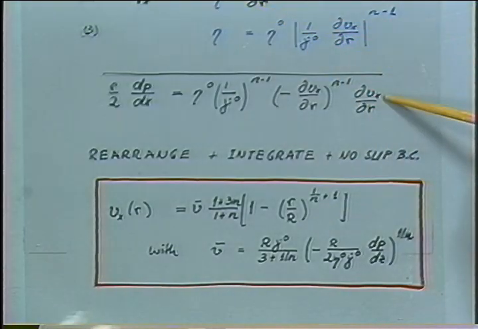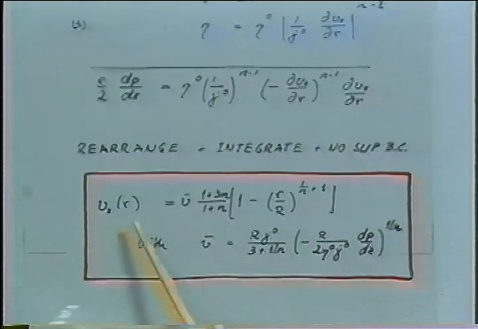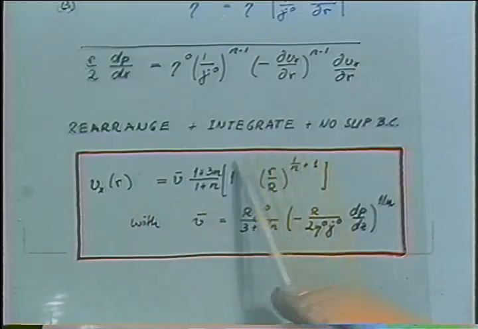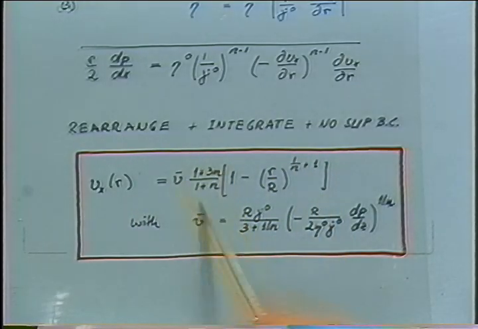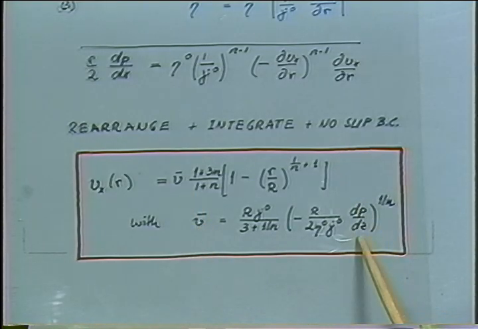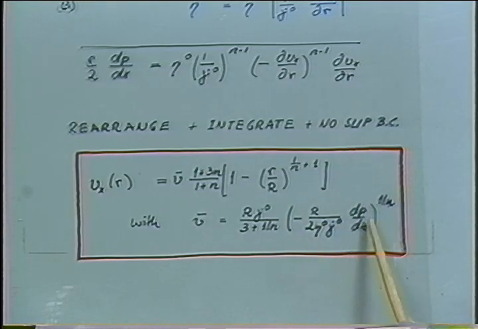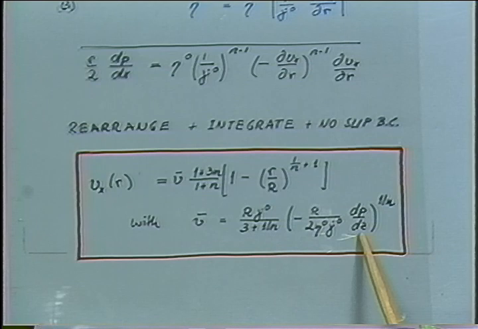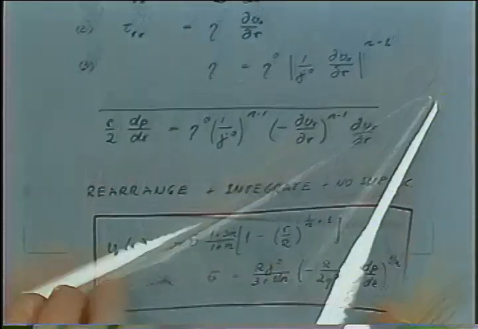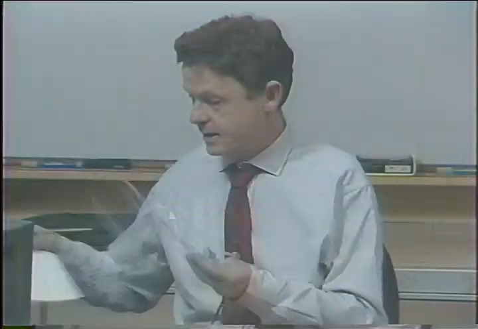You integrate one more time, and you find the velocity distribution as a parabola with a front factor like this. This is the average velocity. In this case, the average velocity depends on the pressure gradient. This expression in the bracket is positive. Remember that the pressure is decaying in flow direction, so the pressure gradient is negative, and this is a positive function. So we have a solution for the velocity field in pipe flow.